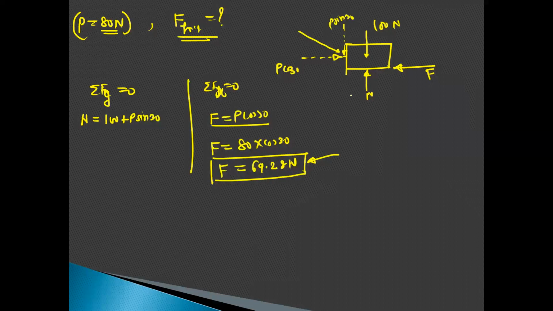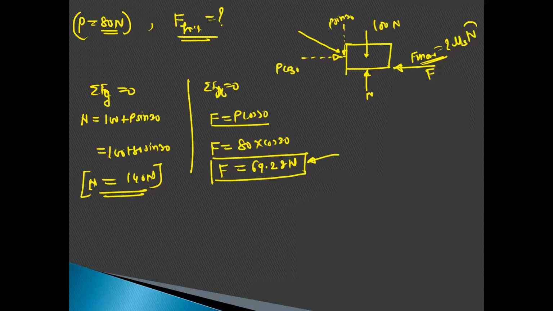At this condition, we will find the maximum frictional force the surface can offer. For that, we need to find the normal reaction again. If you put the value of P as 80, you get the normal reaction equal to 140 Newton. The maximum frictional force will not remain the same as the previous case, because F max depends on the normal reaction.